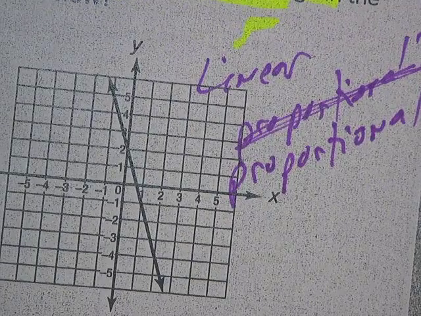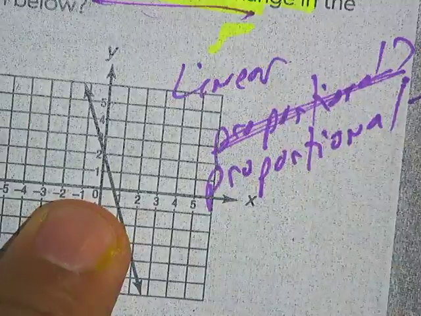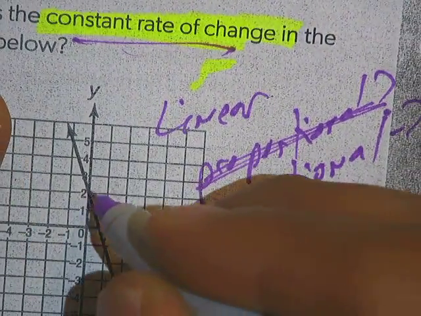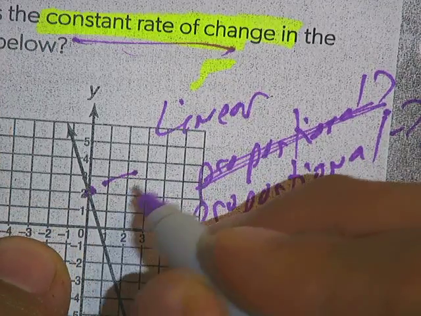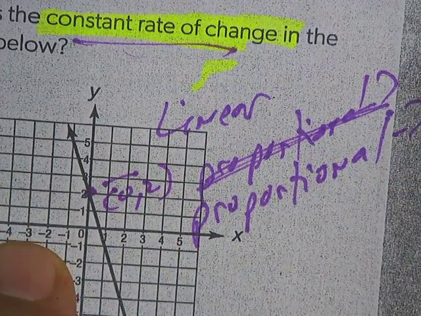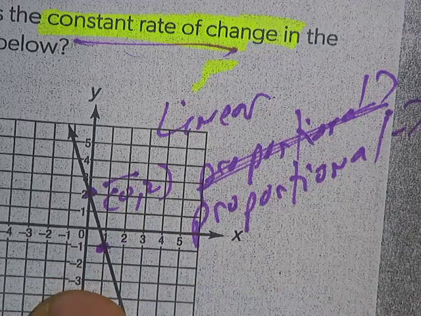We have to ask ourselves, is it proportional? I'm going to write the word down: proportional. Well, does it cross the origin? This is what you have to ask yourself.